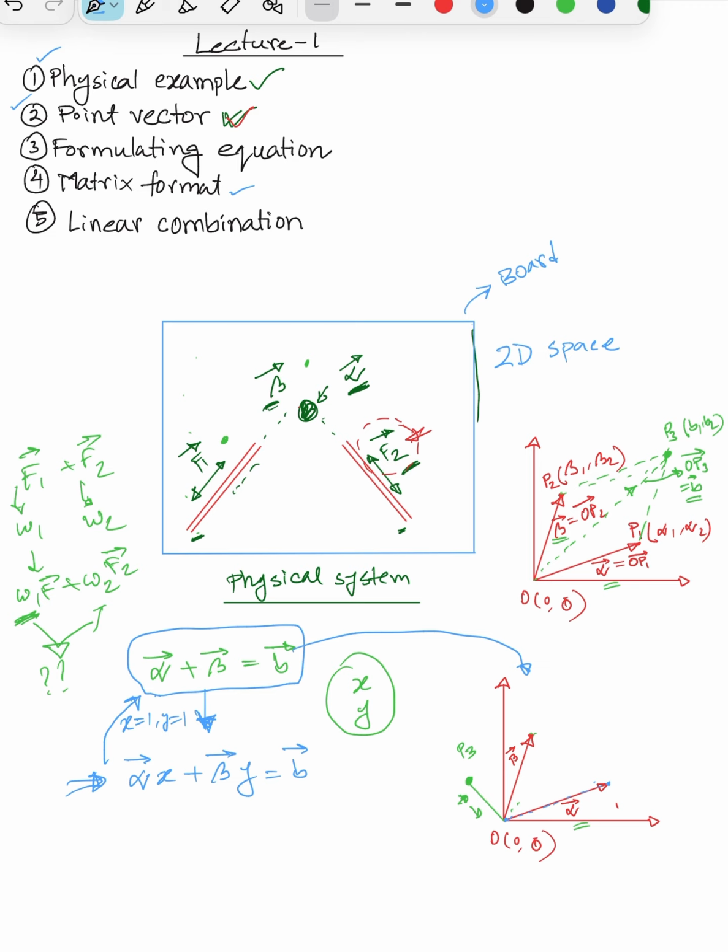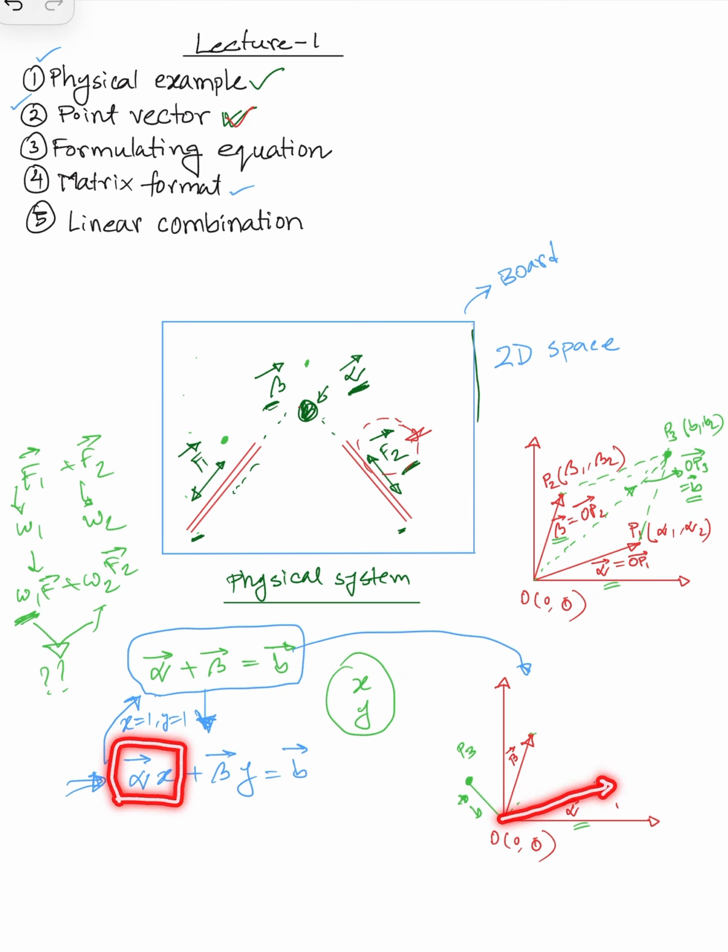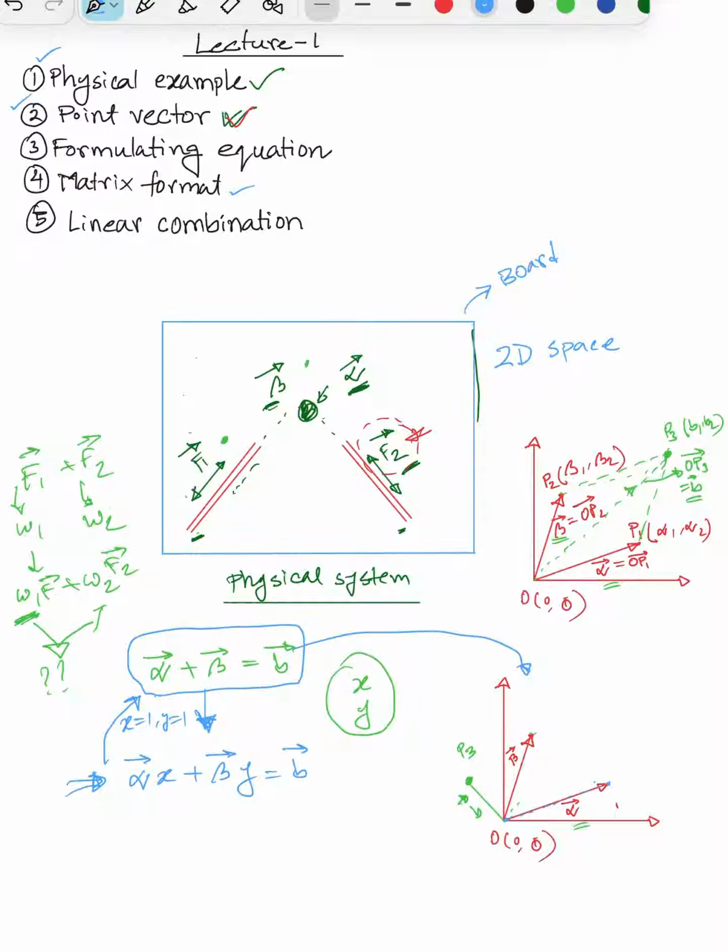Now, for example, here alpha is probably going in this direction, but when we are considering alpha x, it's probably going this direction. So alpha x here is going to be, say, something like this.